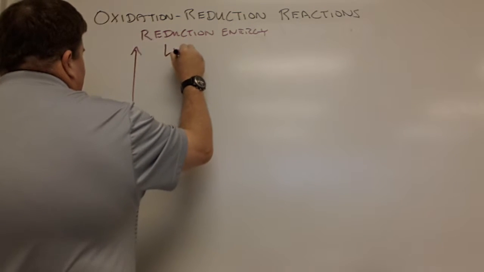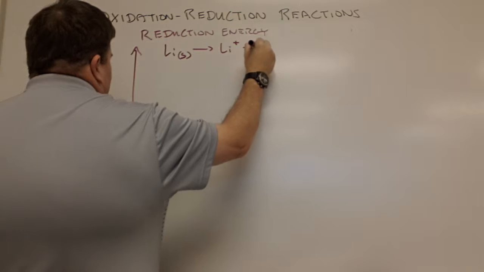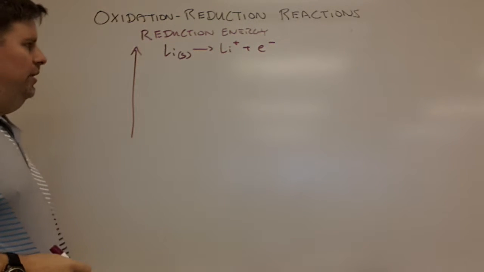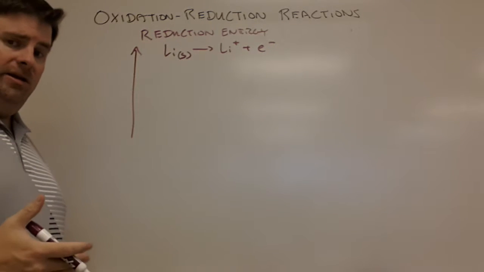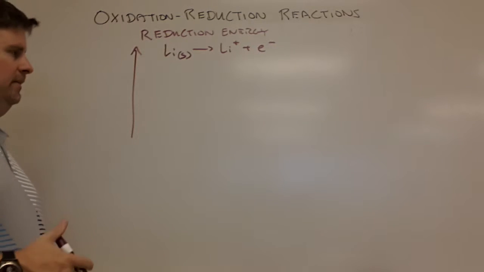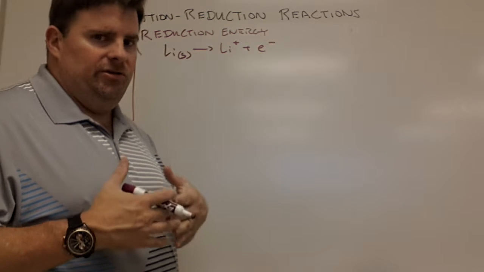So if I have lithium solid, that's going to go to lithium plus an electron very easily. So that means that it's going to be oxidized very easily. The energy that it gives up for reduction is actually quite high, or it's going to be high in order to get that to reduce, excuse me.